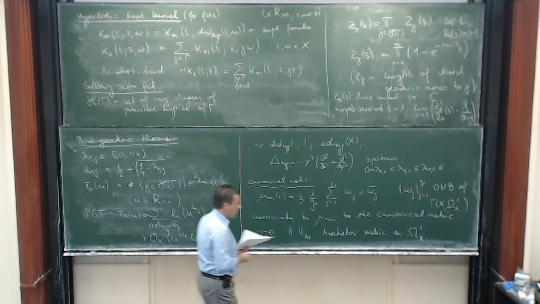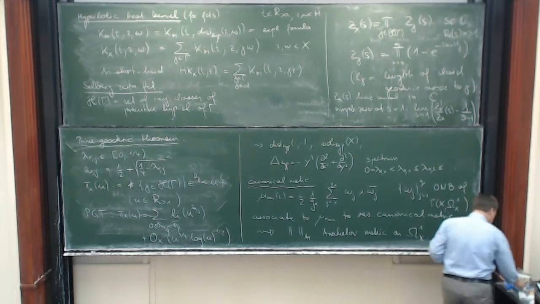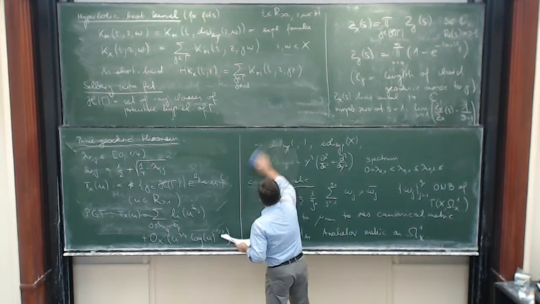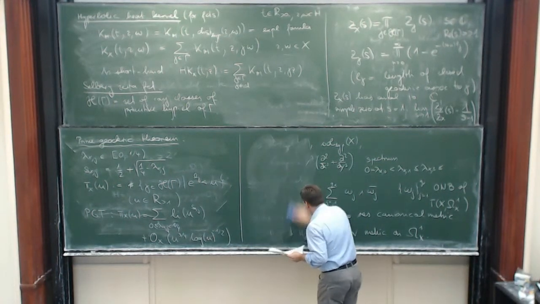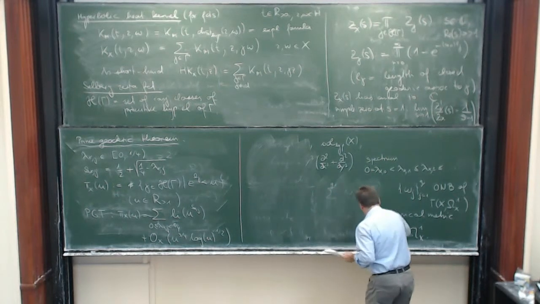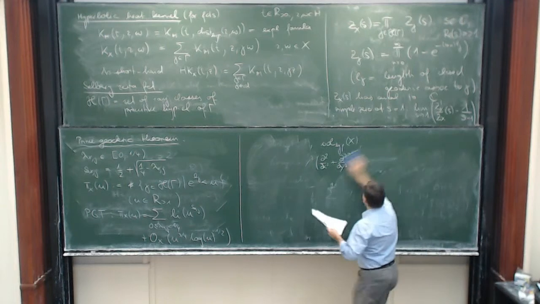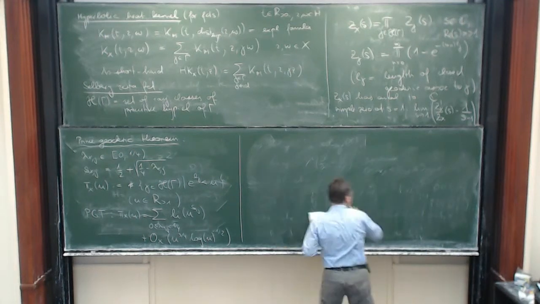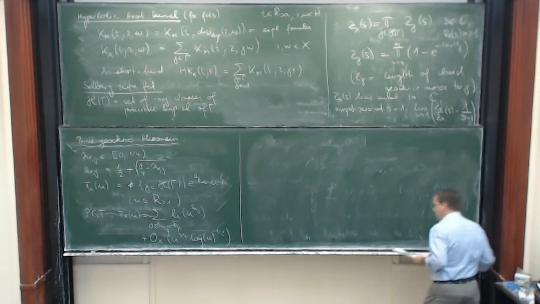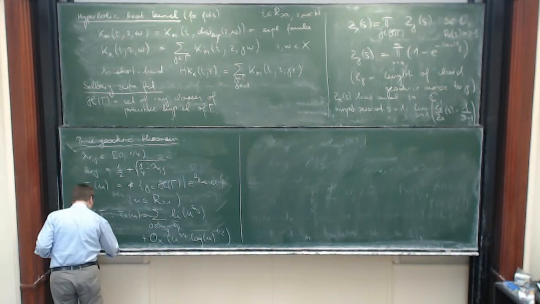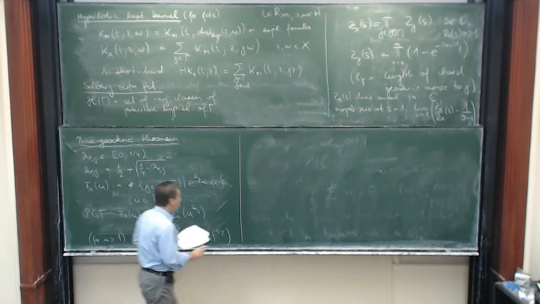And the point is now, in this error term, there's an implied constant going along. This is for u bigger than 1.